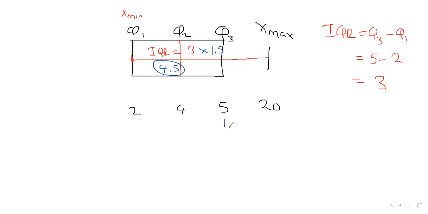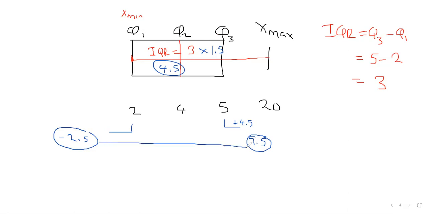We add it to the upper quartile and subtract it from the lower quartile. So if we add 4.5 there, we get 9.5. We subtract 4.5 from there, we get negative 2.5. These are the critical values that will identify the numbers that lie outside these ranges.